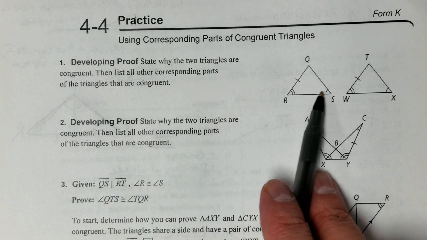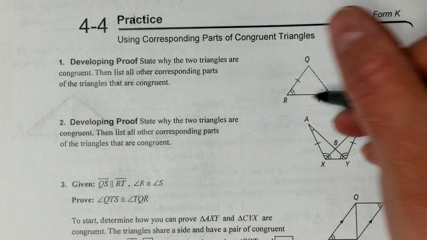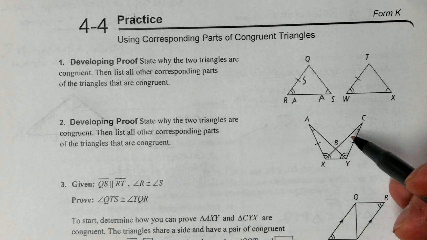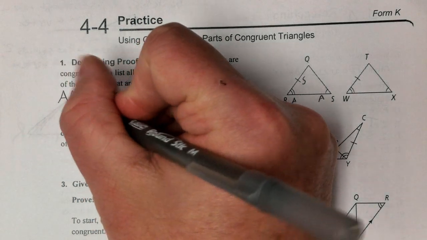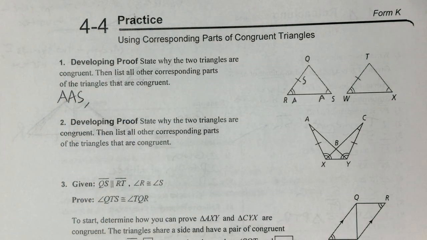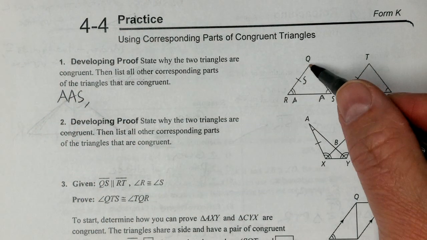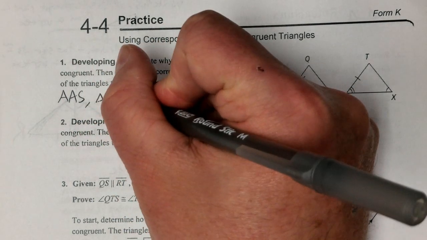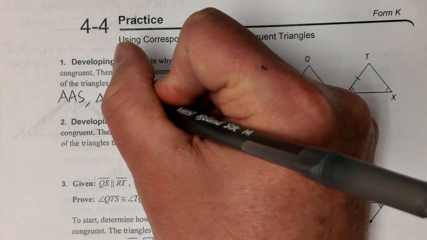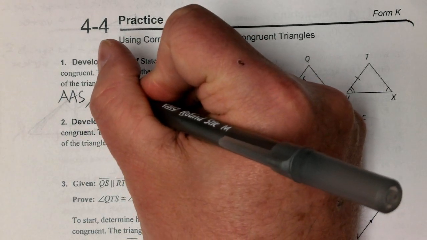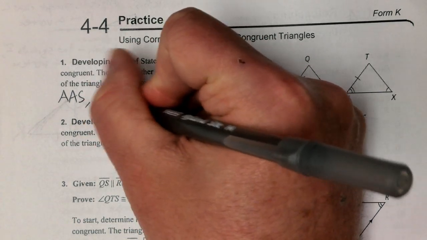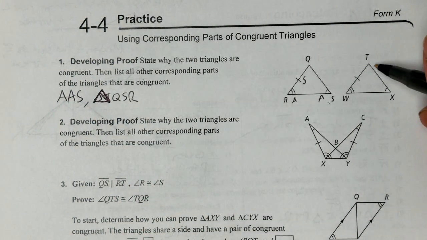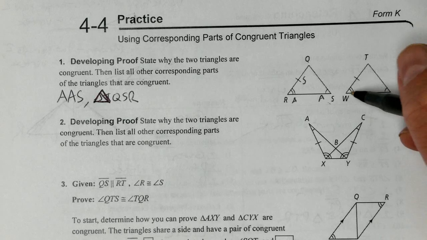So on this one we've got an angle angle side. So we put AAS, and let's call it triangle QSR. Triangle QSR congruent to triangle TXW.